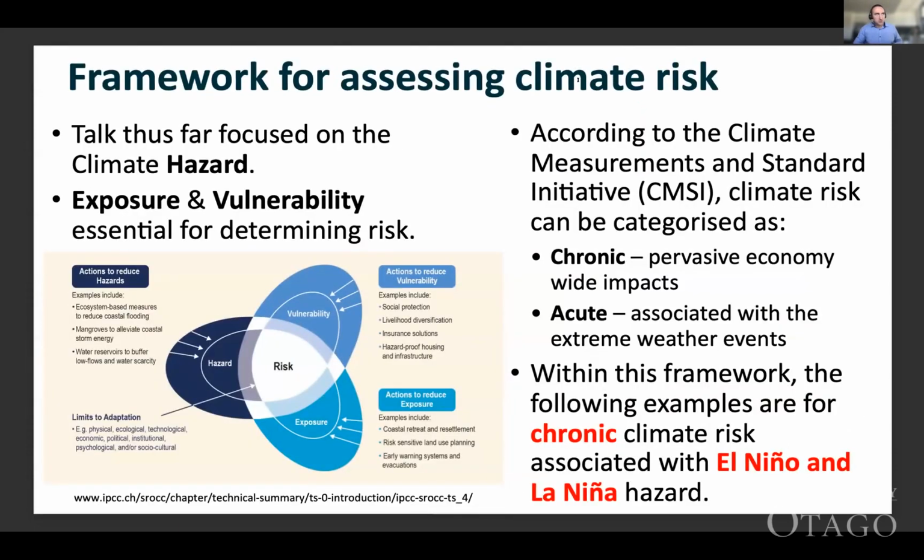Getting back to the main topic of the talk, what's the appropriate framework to assess climate risk? Thus far, I've really just focused on the hazard itself: the properties of the climate hazard, the properties of the climate system, how you can forecast it and generate the data. But there are two other essential elements for determining climate risk. Those are exposure and vulnerability. You can imagine perhaps in the future we have a propensity for fewer tropical cyclones, but they're going to be more severe.